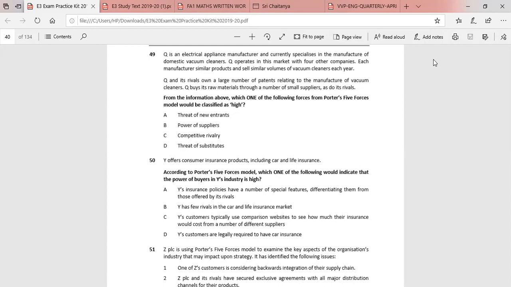Q and its rivals own a large number of patents relating to the manufacture of vacuum cleaners. Q buys its raw materials through a number of small suppliers, as do its rivals. From the information above, which one of the following forces from Porter's five forces model would be classified as high?